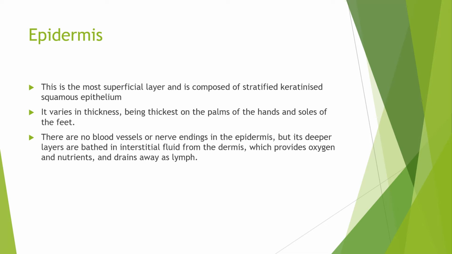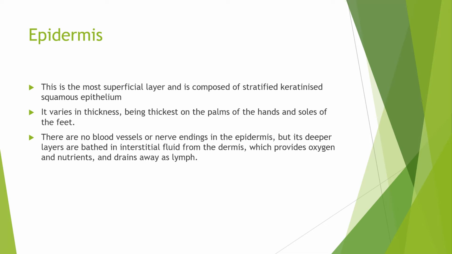But in its deeper layer there is interstitial fluid, and this interstitial fluid comes from the dermis. Remember that the dermis is the layer below the epidermis. So the fluid comes from the layer below and is given to the superficial layer, in this case the epidermis.